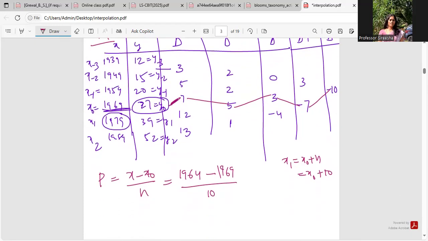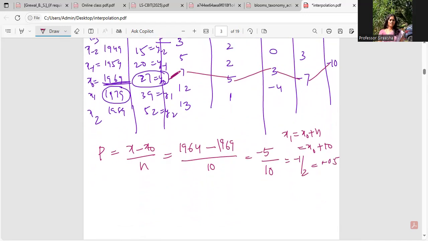So this is nothing but minus 5 by 10, which is minus 1 by 2, which is equal to minus 0.5.